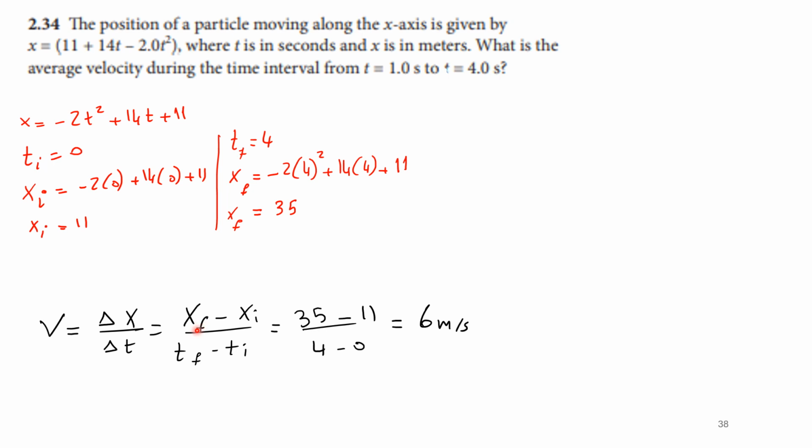So x final minus x initial. The final in this case is 4 seconds. So we replace 4 seconds into the function of x and you get 35, minus the initial time, which is 1 second. We replace it in x. So the answer is 11 over t final minus, here it's supposed to be 1, sorry. It's 4 minus 1, so the answer is 6 meters per second.